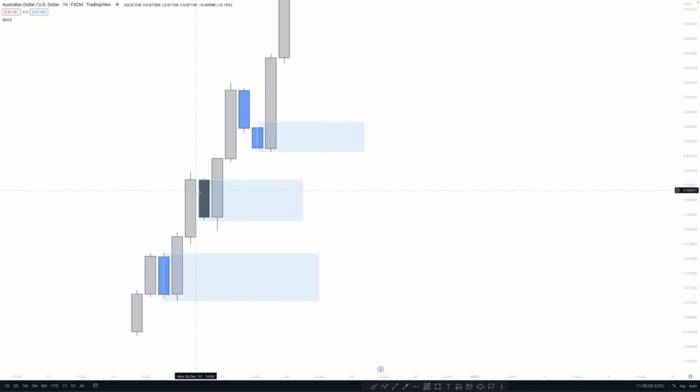But when you're using inside bars, you do not mark this candle's low. You're marking only the inside bar.